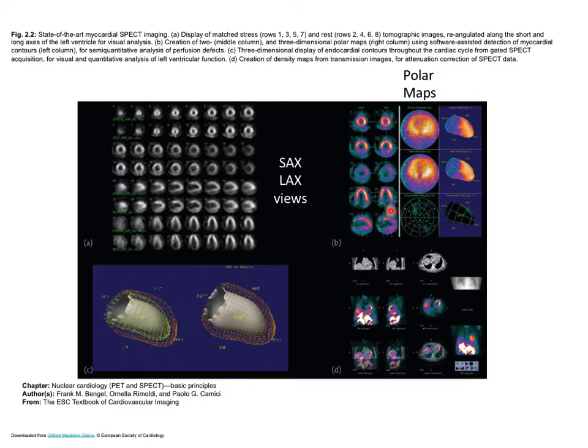If you want to look at the entire heart as one object, there's a couple of ways to do it. One is to reconstruct a 3-dimensional model of the heart, such as these down here. And then on the surface of that model, you can paint the intensity of the image.